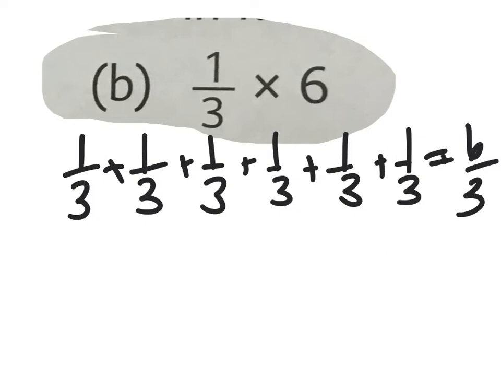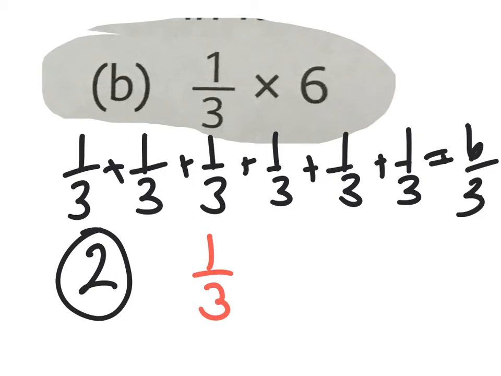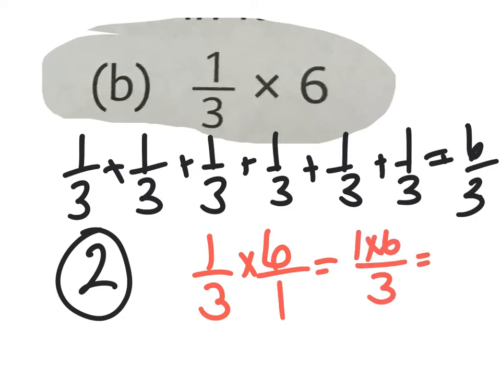And how many times can 3 go into 6 evenly? 2. Or the other way to do it, let me change colors, is 1/3 times 6 over 1, which equals 1 times 6 over 3 equals 6 over 3 and equals 2 wholes.